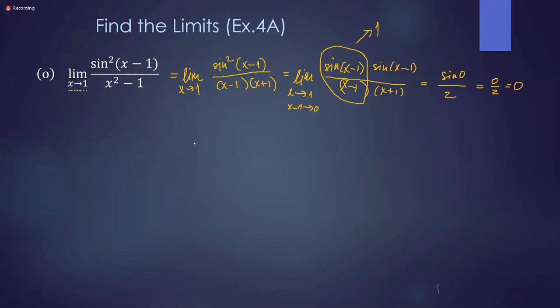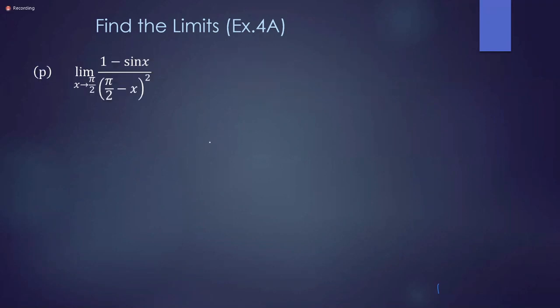When x tends to pi half, we could see that pi half minus x tends to 0. So perhaps again, maybe we need to rename this t, where maybe we need a substitution. So suppose t is pi half minus x. In that case, of course, x is pi half minus t.